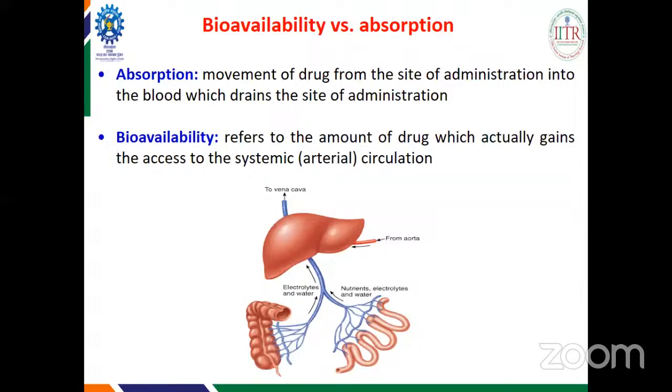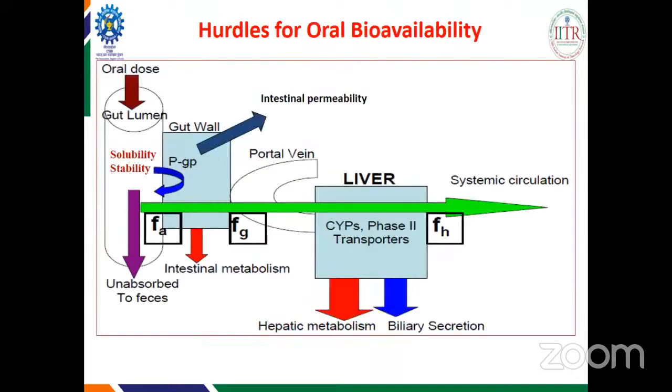Whatever happens to the molecules before that, we call the first pass effect, which is responsible for reducing the bioavailability of any given molecule. As you can see in this figure, when any compound is administered, the primary parameters that govern first are the solubility and permeability of the compound, because any compound which has to be absorbed must first come into solution form.